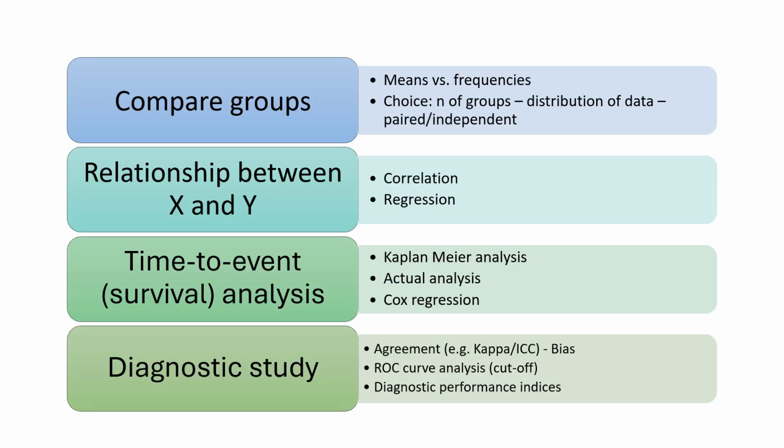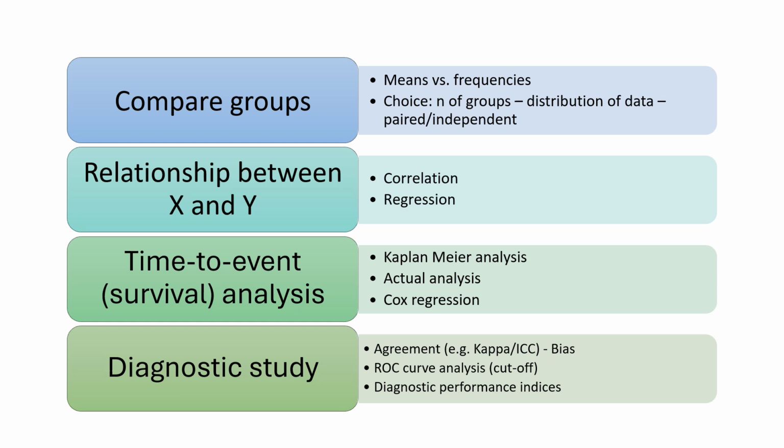If we are comparing groups, we have to make a distinction between 2 types of comparisons according to the type of the variable. So if we are comparing continuous data or numerical data, then we will have to use the appropriate tests. And these tests are different from the situation when we are comparing some qualitative data.